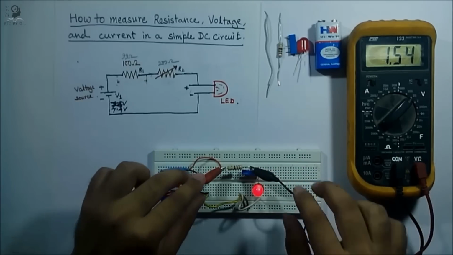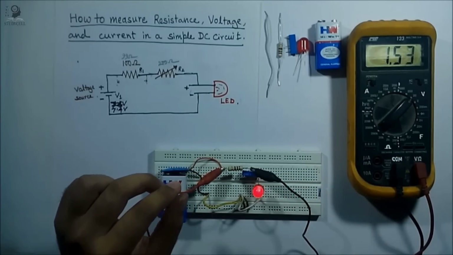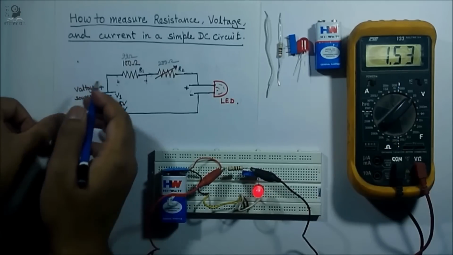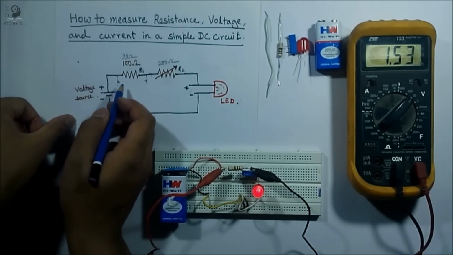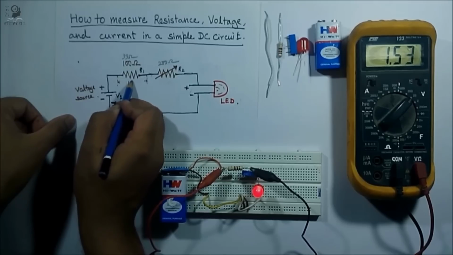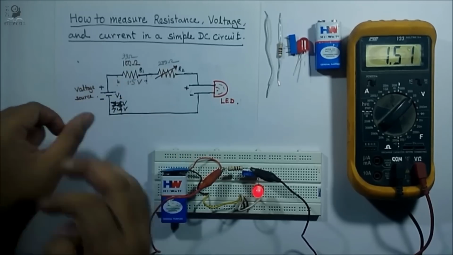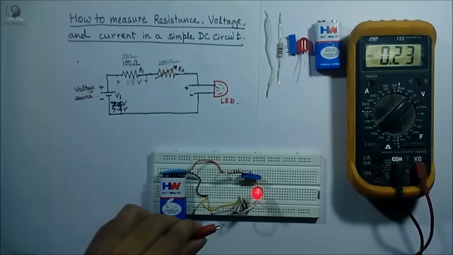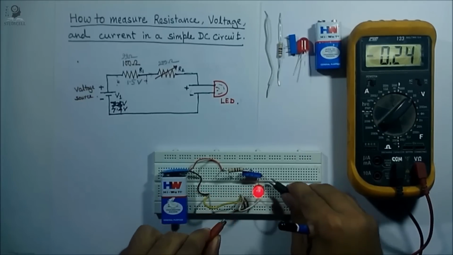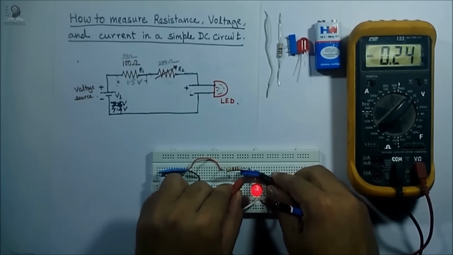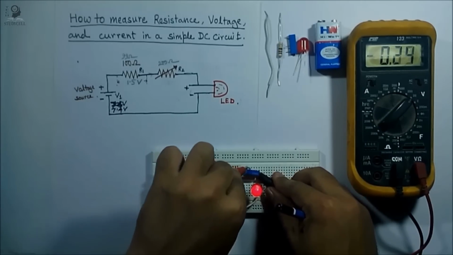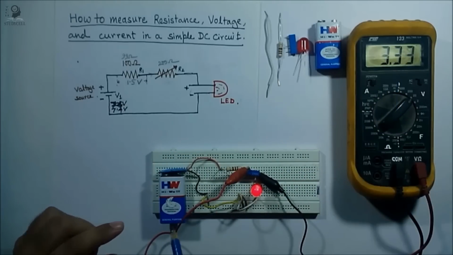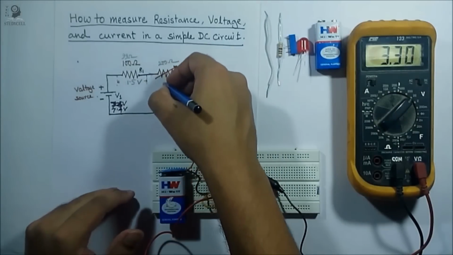Now it's showing the value of the voltage drop across the resistor, which in this case is 1.5 volt. The same method can be followed to measure the voltage drop across R2. Here it is showing 3.3 volt.